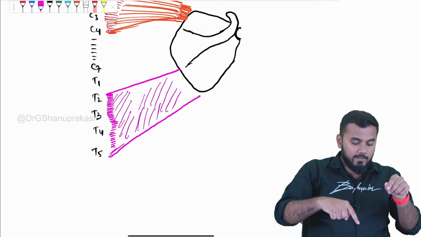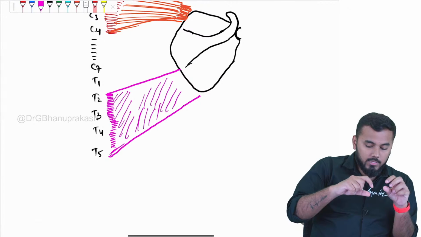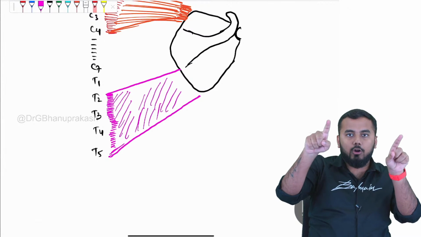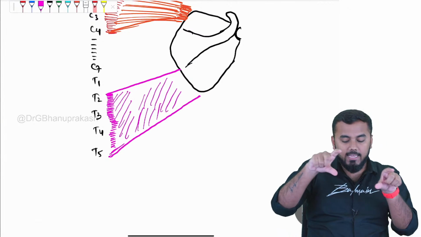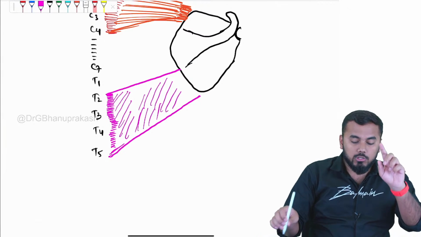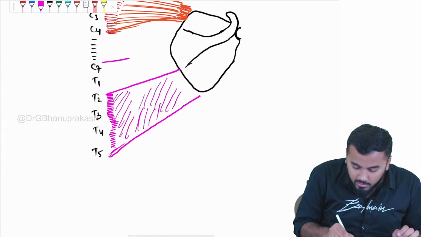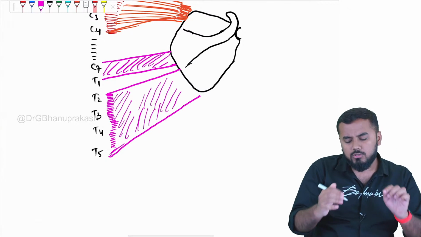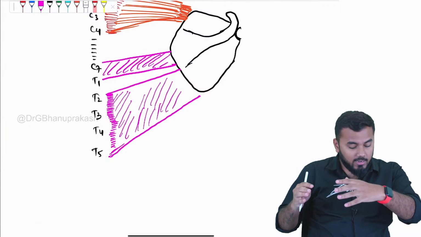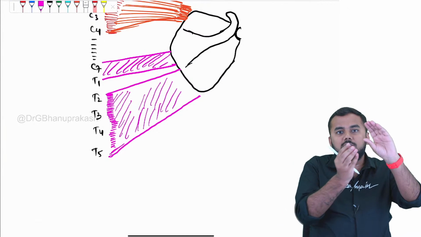This muscle is like a rhomboid, isn't it? And there is also one more muscle from C7, T1 attached in this way. This muscle is also in the shape of a rhomboid, but one is major, one is small.